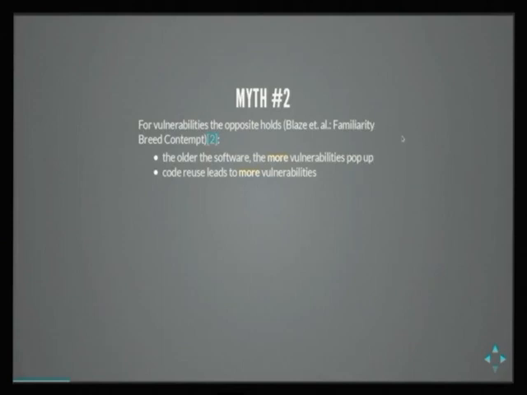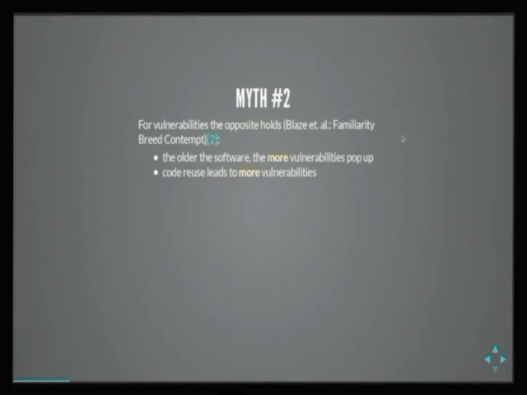There is a very nice paper, which I recommend to you all, by Blaze et al., Familiarity Breeds Contempt, where they actually found a few rather intriguing things. So first, they figured out that the older the software, the more vulnerabilities tend to pop out.